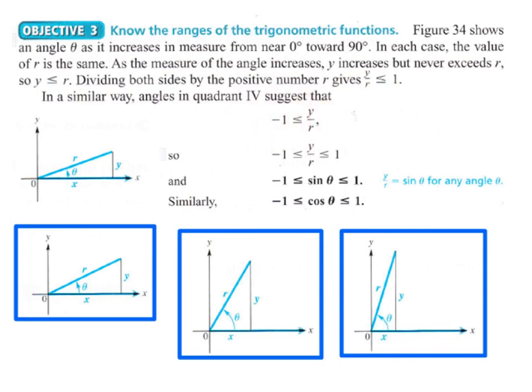Again, we could do the same thing down in quadrant 4, and we'd end up with negative 1 is less than or equal to y over r. Short story longer, what that ends up meaning is the sine has to be between negative 1 and 1. The cosine, likewise, which is based on the x value, also has to be between negative 1 and 1. So, one of those things that I suppose I am asking you to just memorize, but just that the range of the sine and cosine are between negative 1 and 1.